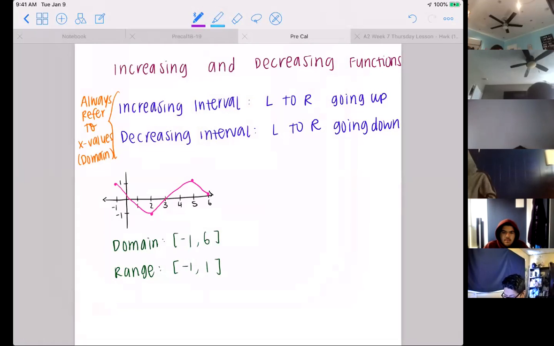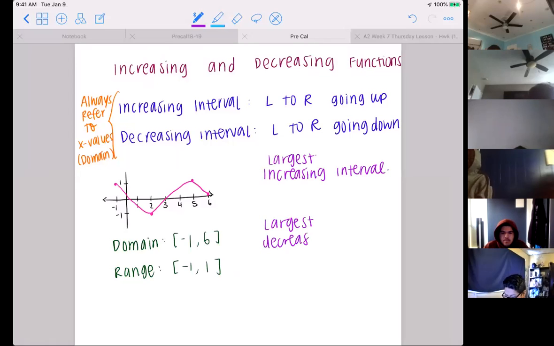Next, because remember we're talking about increasing and decreasing, I want you guys to tell me what is the largest increasing interval and what is the largest decreasing interval? Okay, when I say largest, the more points that it covers, the more x values that it covers, that's the largest, okay?